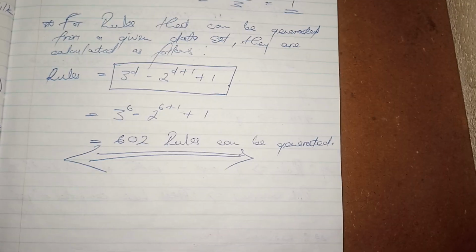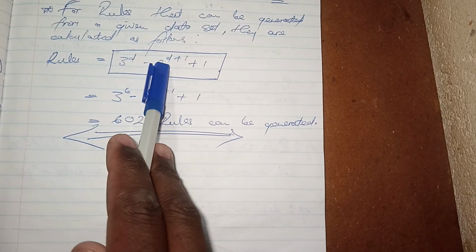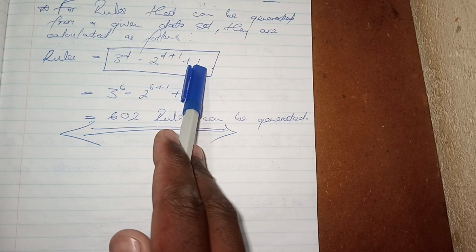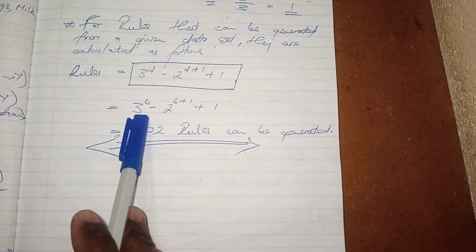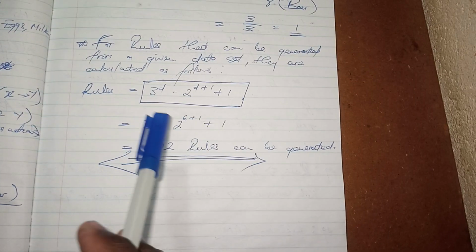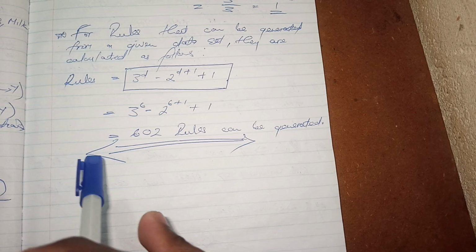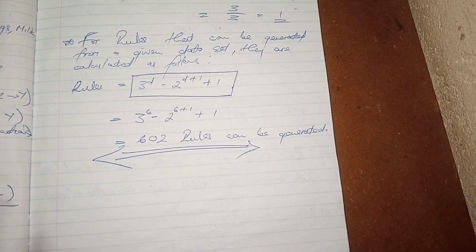If we want to know how many rules can be generated from the data set, we use this formula: 3 to the power d minus 2 to the power d plus 1, plus 1. Here d is the number of items that we have in all our trolleys.